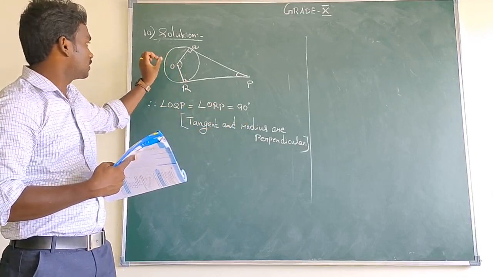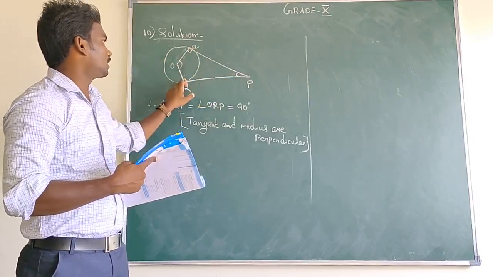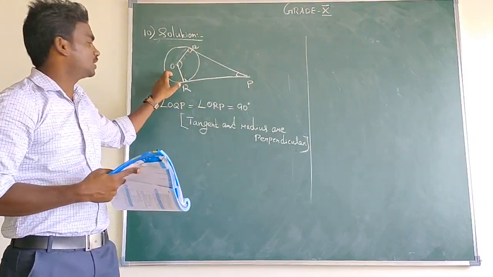So listen. We want to prove angle QOR plus angle QPR is equal to 180 degrees. That means the sum of these two angles is 180 degrees, which we want to prove, because the sum of supplementary angles is 180 degrees.